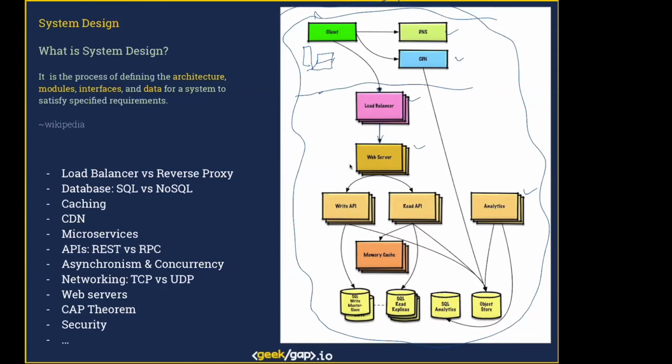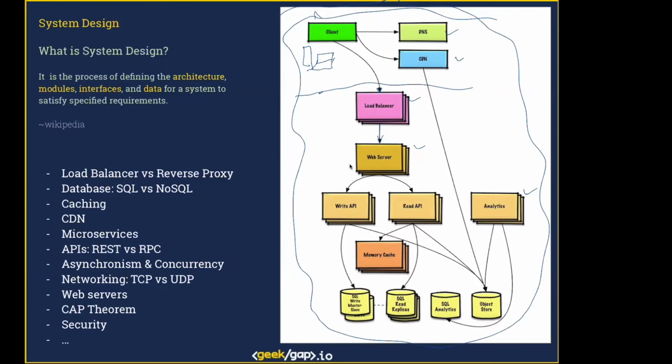A load balancer is a component that decides which server handles the request, because if your website is like YouTube or Google, you cannot serve all the requests sent to your server with just one machine.